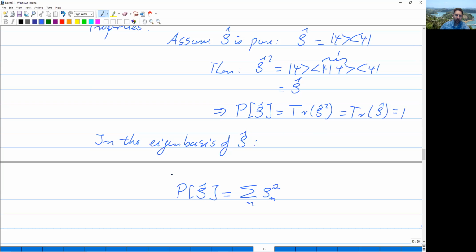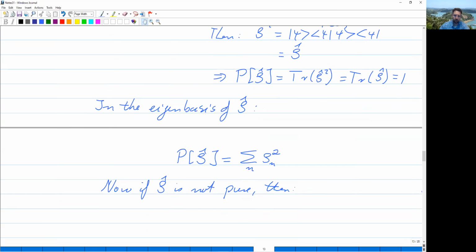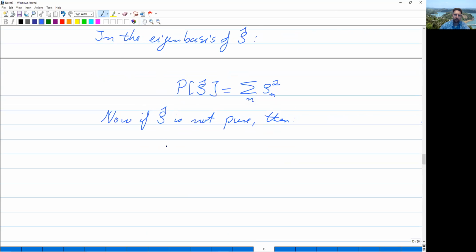Now, if rho hat is not pure, then the sum over all n of rho n is of course 1.